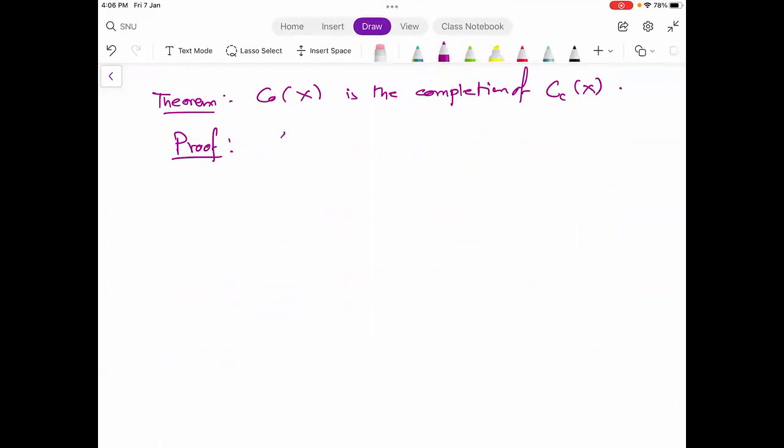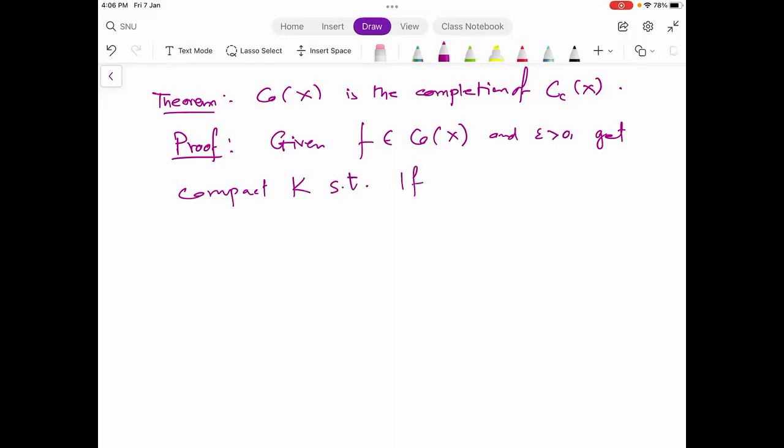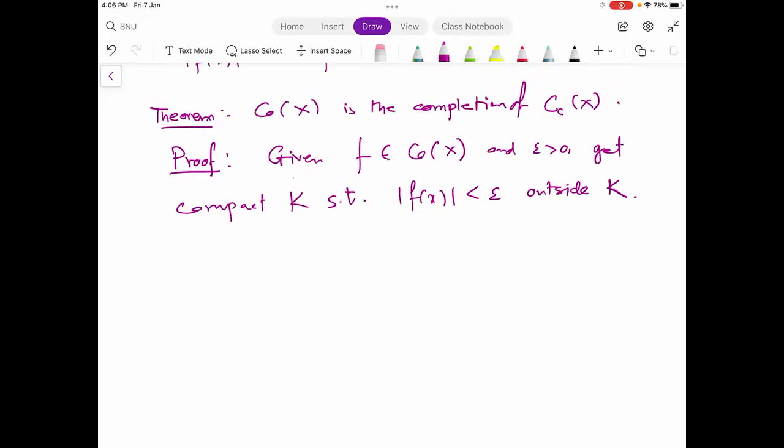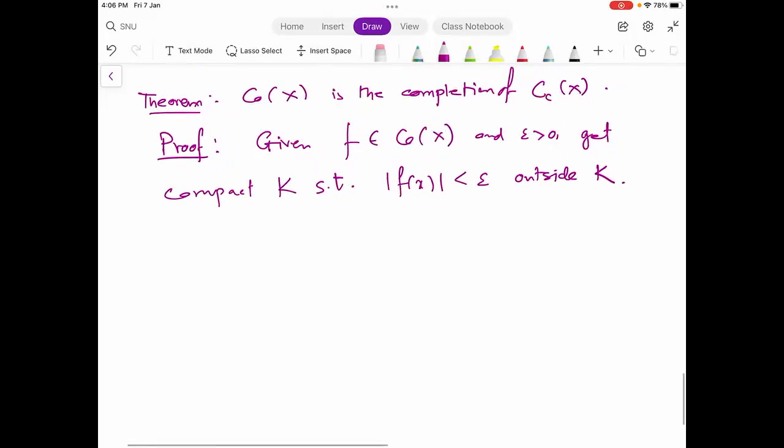First of all, note that given f in C0 of X and epsilon positive, we get a compact K such that mod f of x is small outside K. As I told you last time, or maybe the time before that, local compactness makes its presence known by Urysohn's lemma all the time.